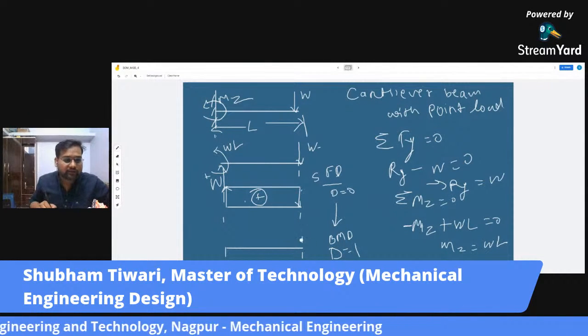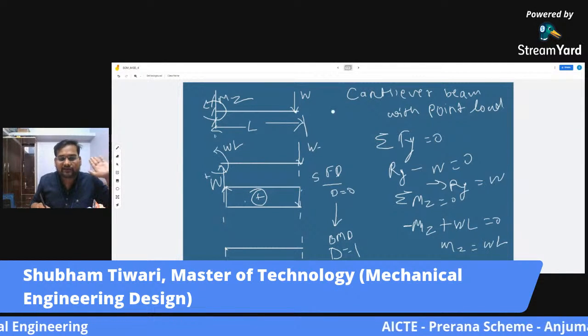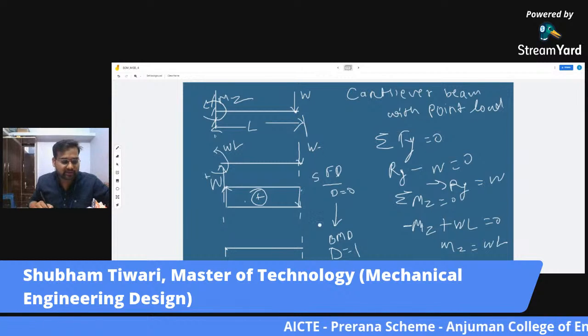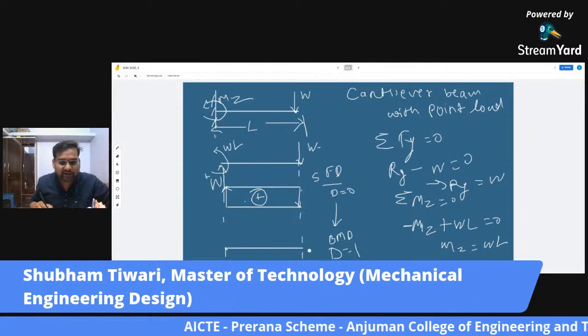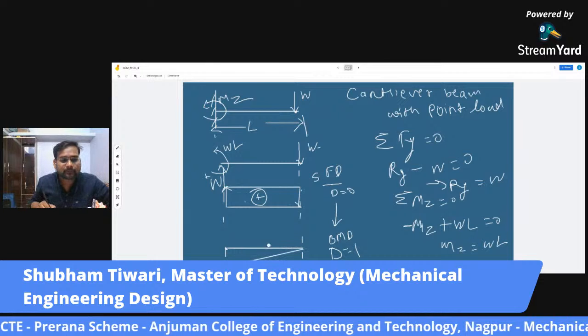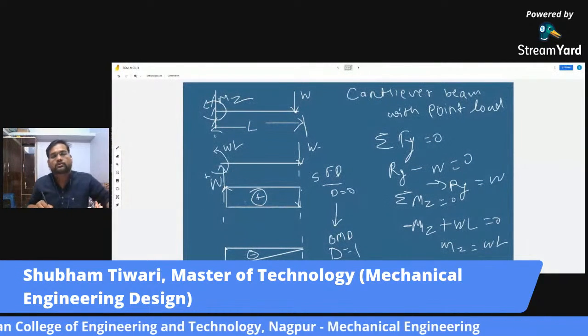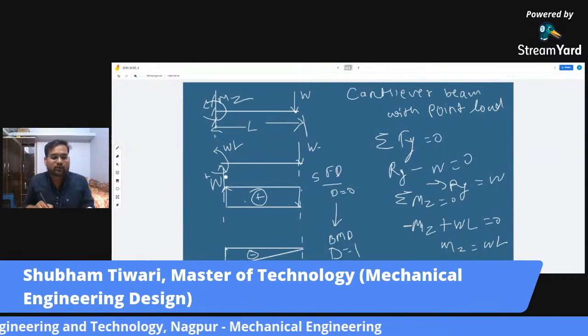So here we are. At the free end, it is always 0. For a cantilever beam, at the free end, the moment is 0, and it will be an inclined line like this. Now what are the magnitudes?